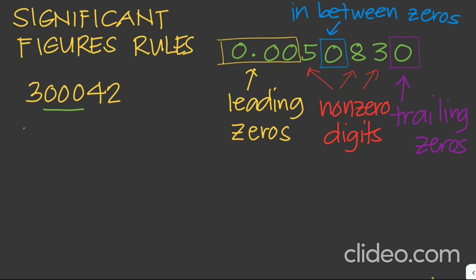So in this case, the 300042 digits, we have 6 significant digits or 6 significant figures. Okay, the next rule for counting significant figures is that leading zeros are not significant or they don't count.